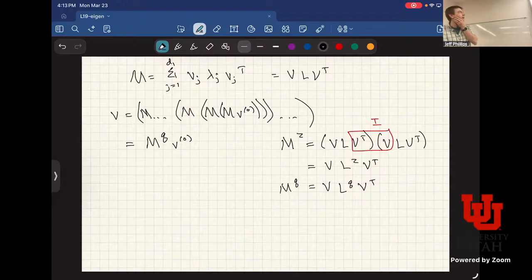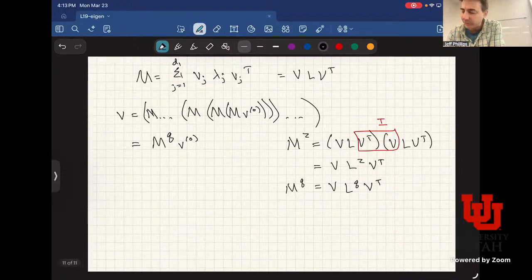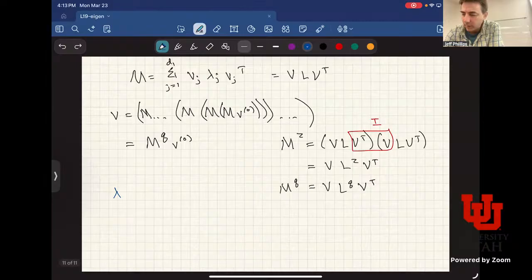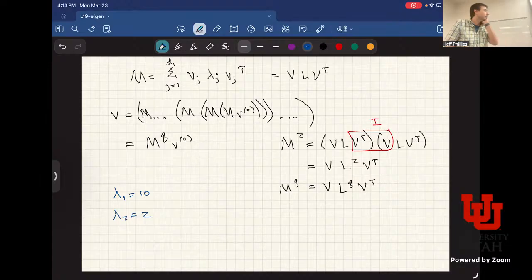So really all this M to the Q is doing is, if I have the eigen decomposition already, which I don't because that's what I'm computing, but if I did, I just have to take the diagonal eigenvalue matrix and take this to a power. Now let's look at what happens if lambda 1 equals 10 and lambda 2 equals 2.